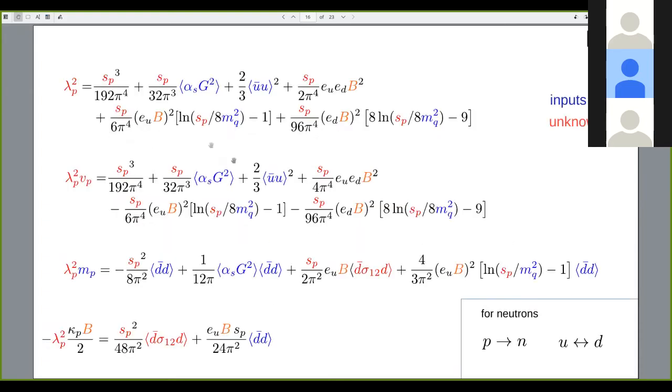Okay, this is the result, with which we obtain four sum rules. In blue, there are inputs that we know from other works. The gluon condensate, the quark condensate, the quark mass, we also know from previous works.